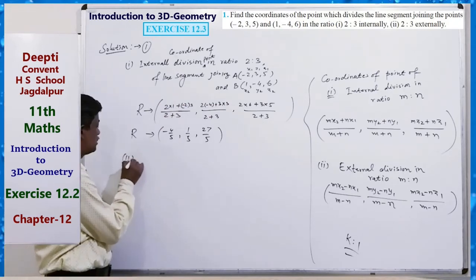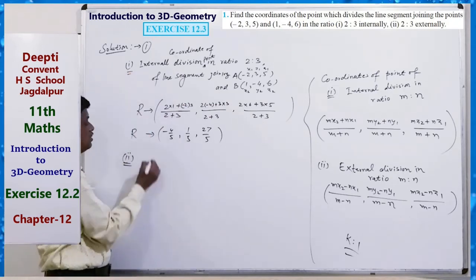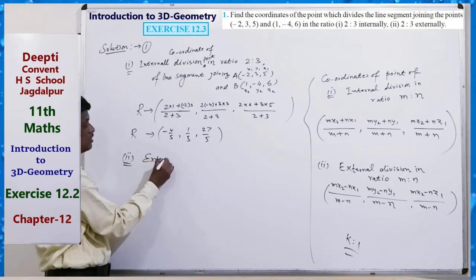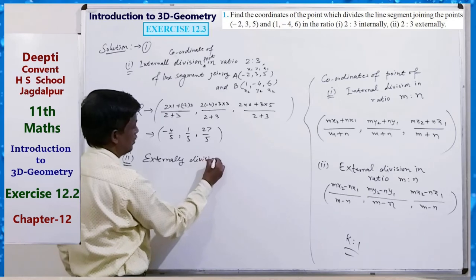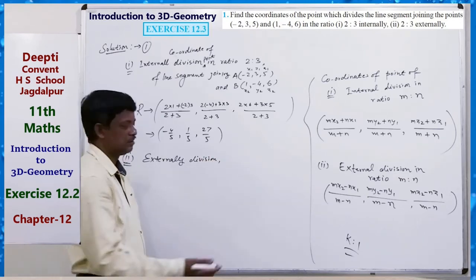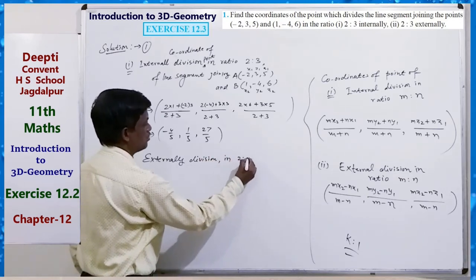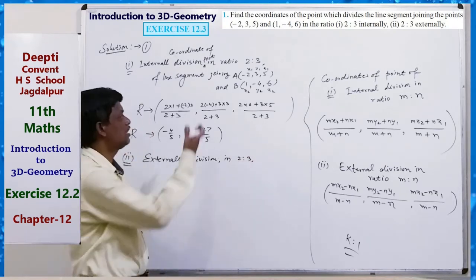Similarly, the second part is external division in 2:3. Just take the negative sign.